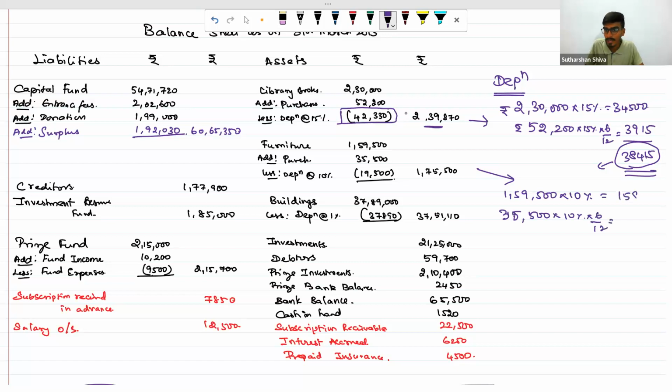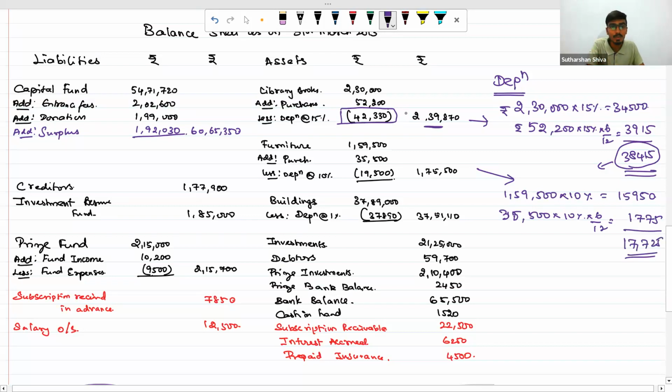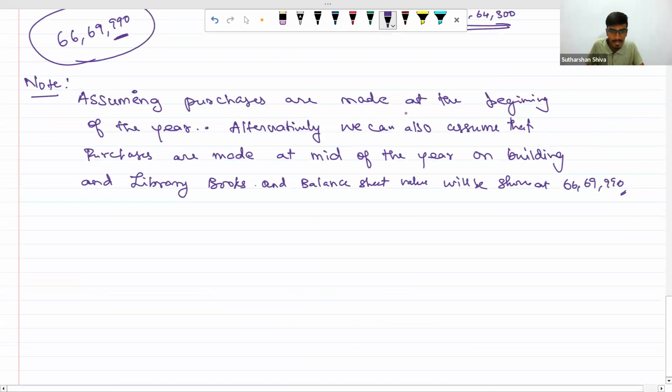It will become 15,950. Then 35,500 into 10% divided by 2, you will get 1775. If we add 15,950, you will get 17,725.